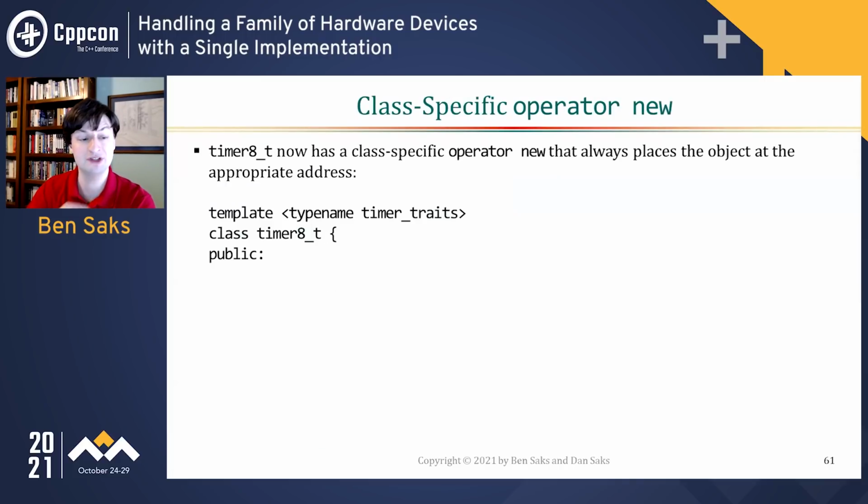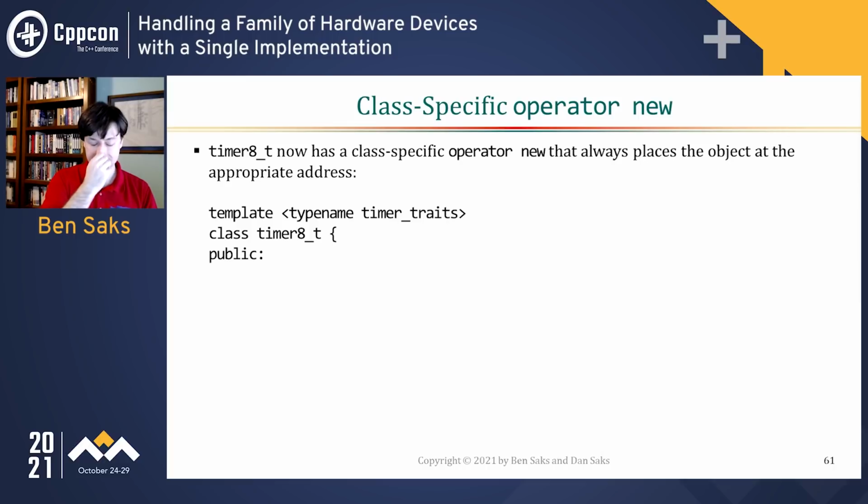And what do we need to do in timer 8t to change it so that it's actually making use of those addresses? What we're going to do is add a class-specific operator new for timer 8t. Now, ordinarily, the keyword new calls a function called operator new, which behind the scenes is responsible for finding a piece of memory that you can use to construct an object of a particular type.